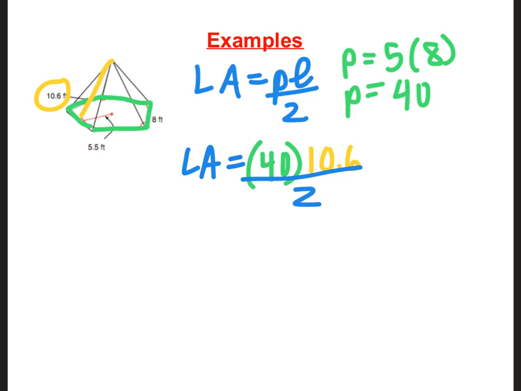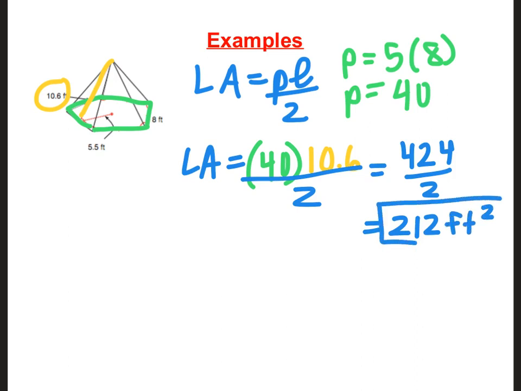Again, in my calculator, I'm going to do 40 times 10.6. We get 424, all divided by 2. And when we do that, we get 212. And my units are feet, so it's going to be 212 feet squared. That is my answer for lateral area.